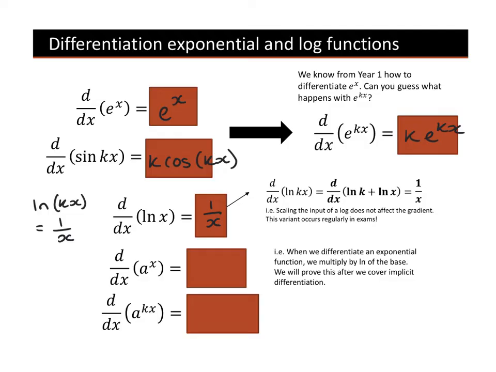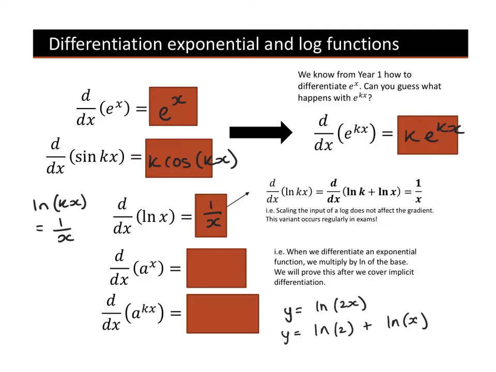So, if we had y equals ln of 2x, using log laws, we have 2 multiplied by x, okay? So my log laws, I can rewrite this as ln of 2 plus ln of x. We should all be fairly happy with this. Ln of 2 is a constant. It's a number, isn't it? If you type ln of 2 into your calculator, you have a number. When we differentiate a number, what happens?